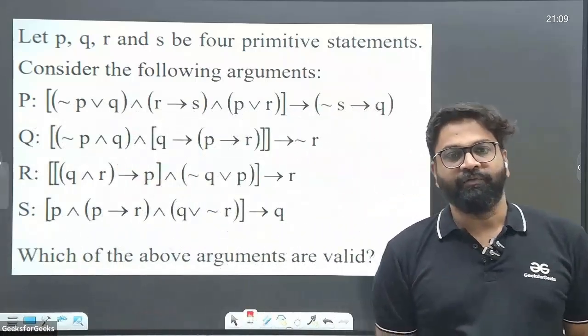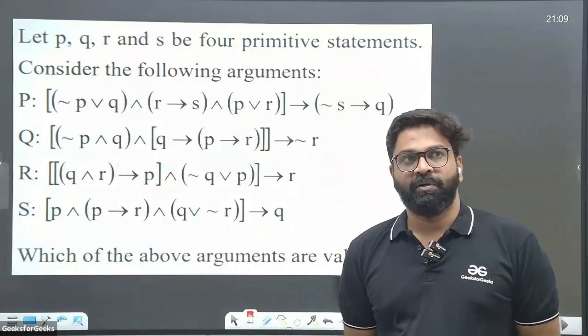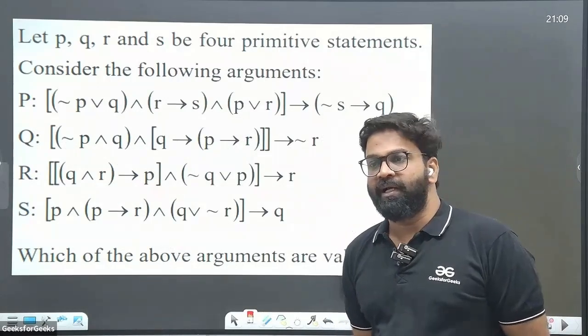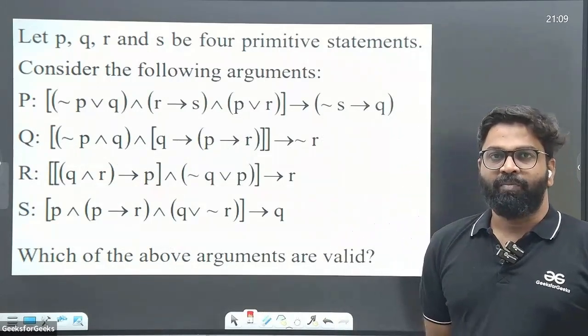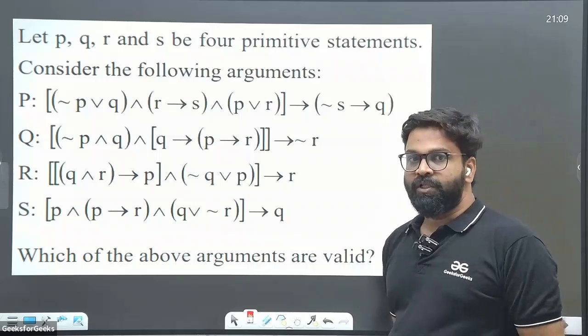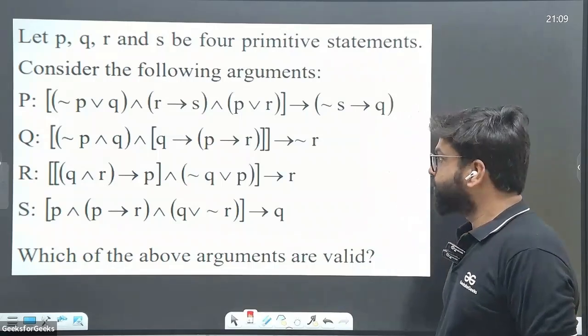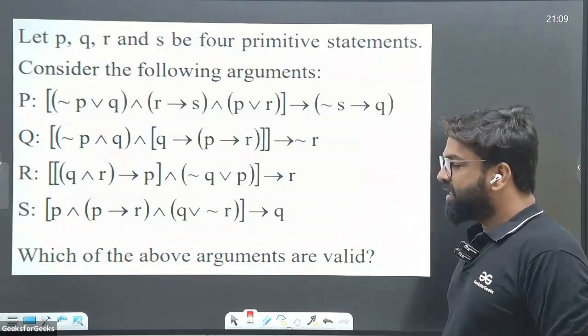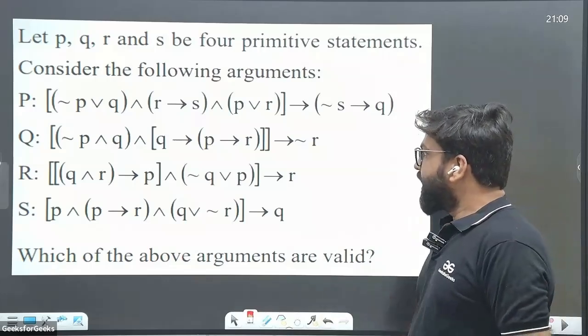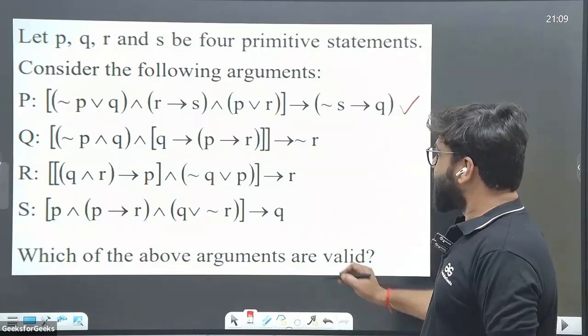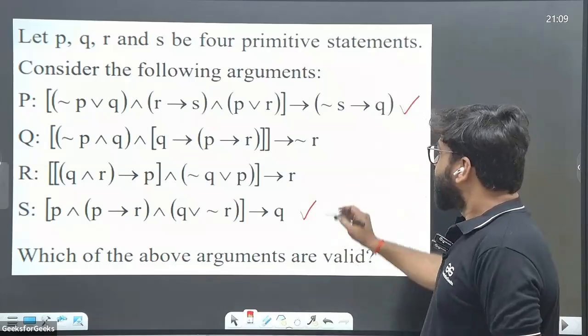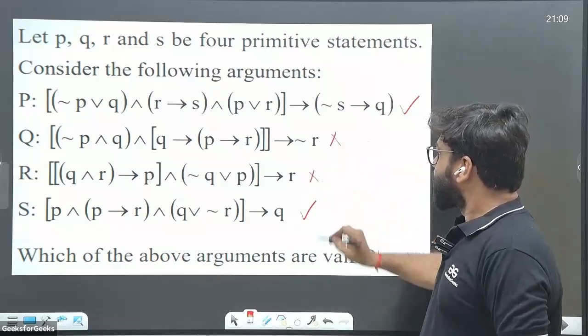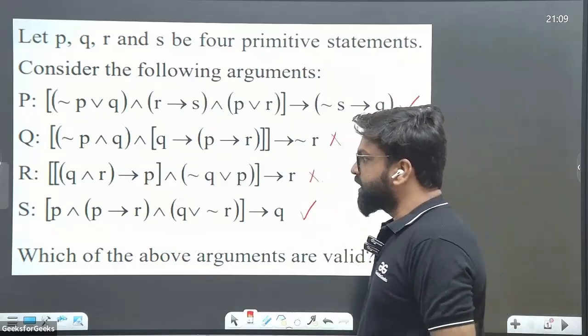So obviously we do not have to use the truth table, because ultimately it will be a problematic thing. That is why we will not be using the truth table for more than 3 cases, it becomes large. So if you see the answer, this one is going to be valid and this one is going to be valid. And this is not a tautology, this is not a tautology. I hope that everyone got the same answer.